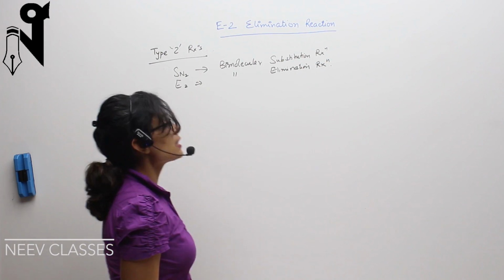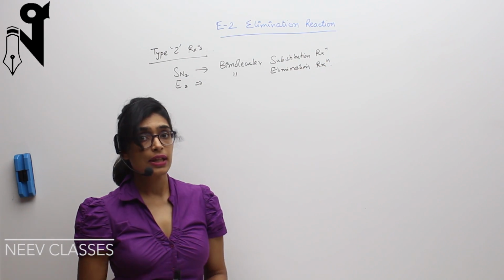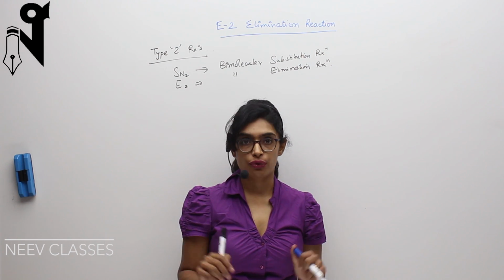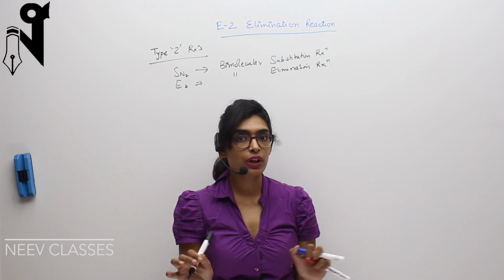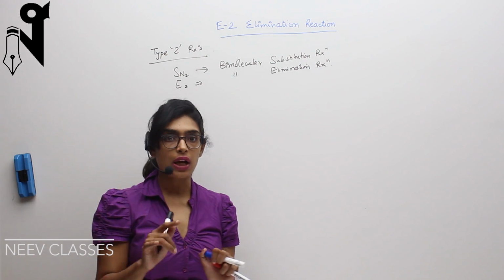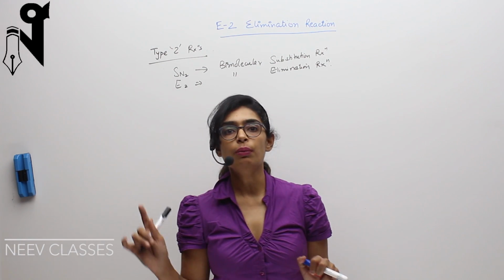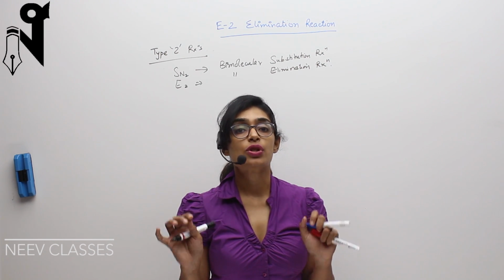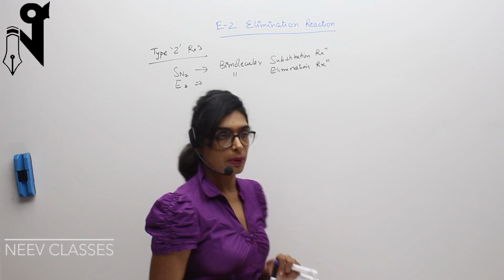Right? For Sn2, we have already seen that we require a strong nucleophile. That strong nucleophile doesn't wait for the leaving group to leave. Instead, it will attack the carbon directly, kick out the leaving group, and form the product. Very similar to this, we require a strong base for the E2 reaction to take place.